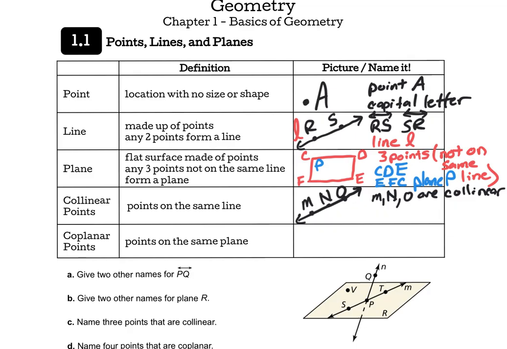Okay, I'm not going to draw another picture here. I'm just going to draw an arrow down here and use the picture that we did up above. And I'm going to say C, D, E, and F are coplanar. Once again, if we break the word down, co means together, planar means on a plane, so together on the same plane, coplanar.